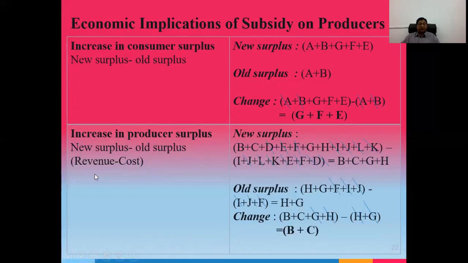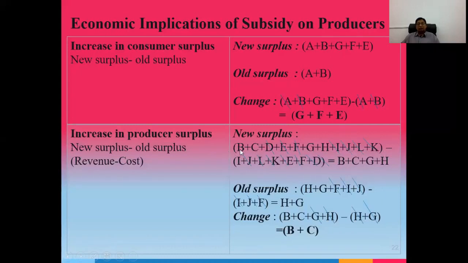As I mentioned earlier, producer surplus is the difference between producer's income or revenue and variable cost. New surplus is measured by subtracting variable cost from the producer's income.